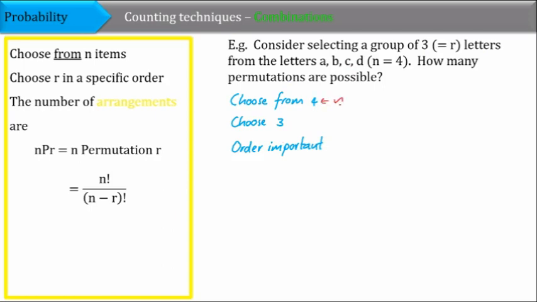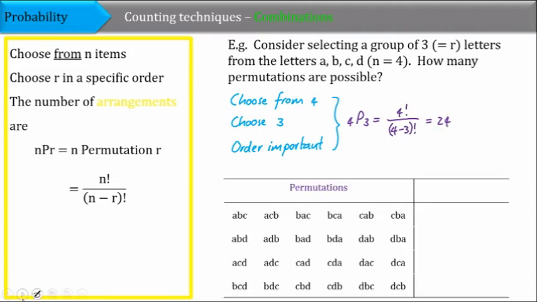Well, we need to choose from 4, so that's the N. We need to choose 3, so that's the R. The order is important, so that means N permutation R. We have 4 to choose from, and we have 3 that we need to choose. So that gives us 24. If you have a look at the calculation for 4 permutation 3, you can do it on Excel or on your calculator. If you have a look at the result, you'll see that it's 24.